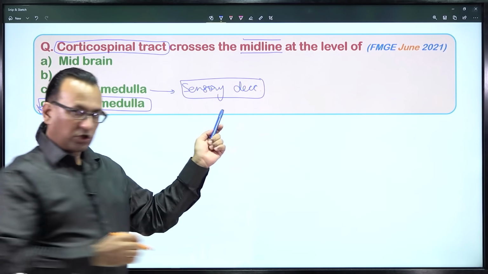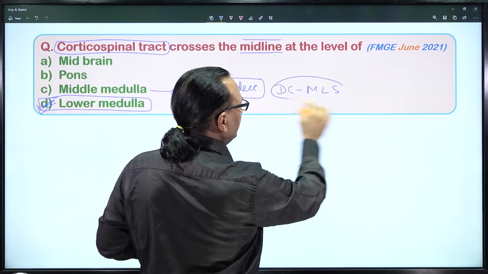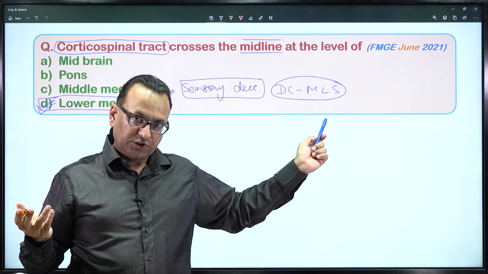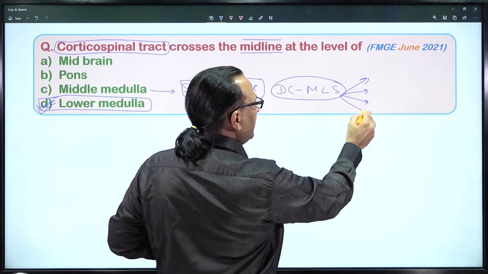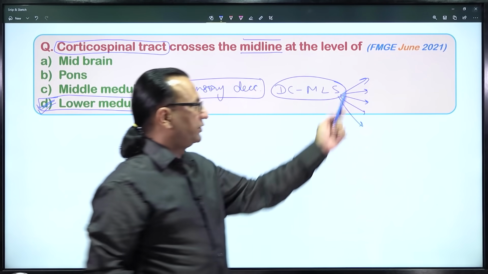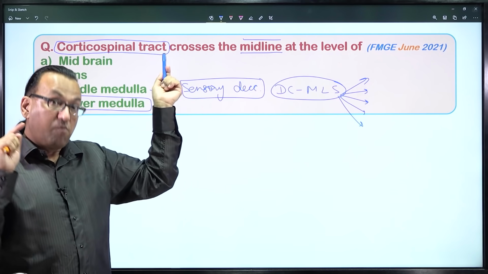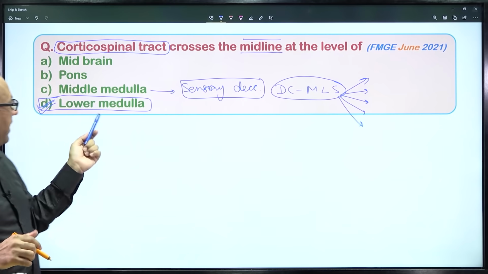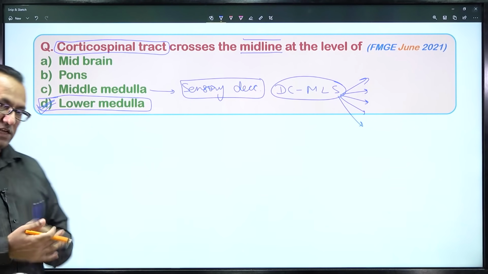That was the dorsal column medial lemniscal system. And which sensations was it carrying? Five sensations: deep touch, deep pressure, vibration, stereognosis, conscious proprioception. But anyhow, since this is a question on the motor tract, motor decussation, the answer should remain lower medulla, the pyramidal decussation. Choice number D is the answer.